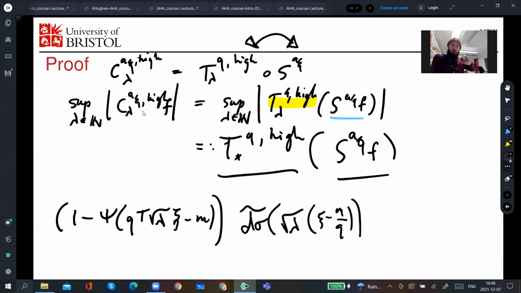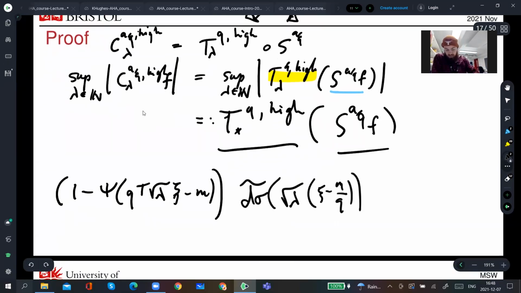Now, from our previous lectures, we saw the maximal function corresponding to this.